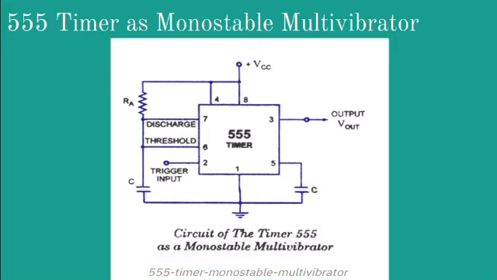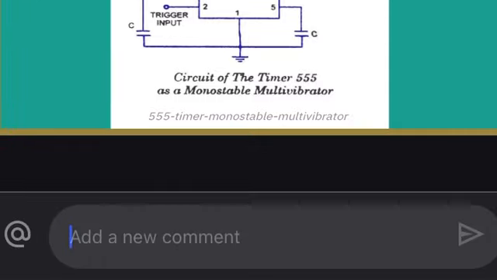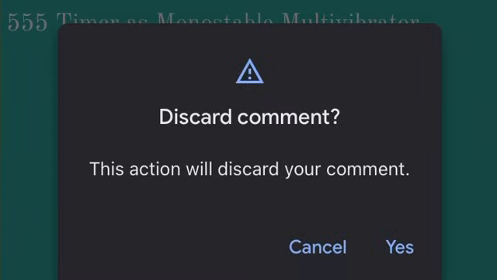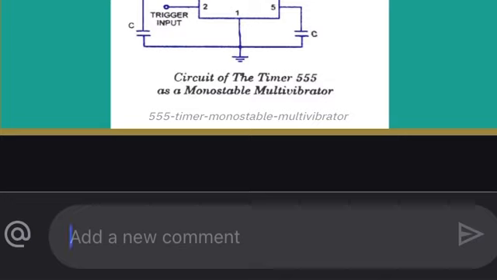Okay, so the output of the comparator goes high, which resets the flip-flop, and consequently the transistor turns off and the output pin 3 goes high. Okay, so this is the transition of the output from the stable to the unstable state.